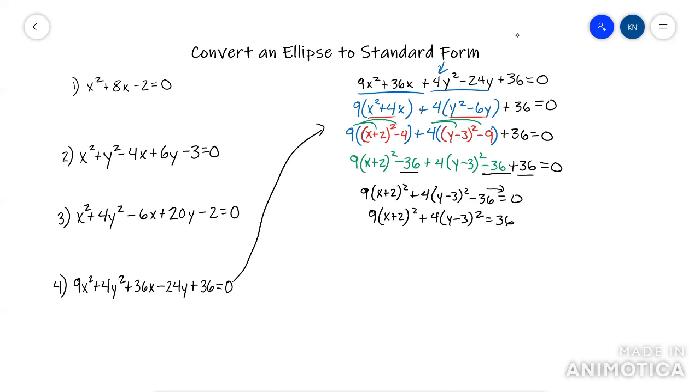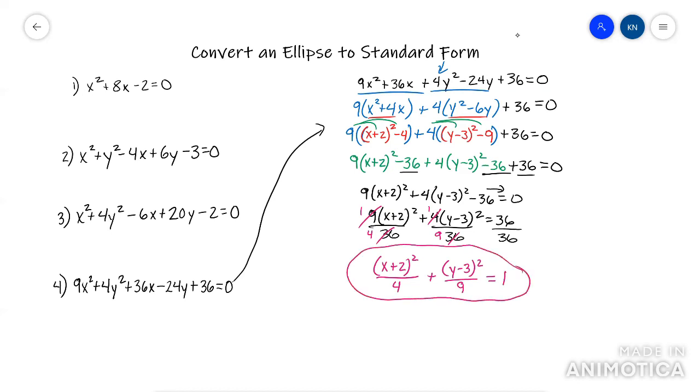Now you divide by that 36 because you want it equal to 1. And I'm going to reduce and write my final answers. This one's going to be 1 over 4. This one's going to be 1 over 9. So my final answer here is x plus 2 squared over 4 plus y minus 3 squared over 9 equals that 1.